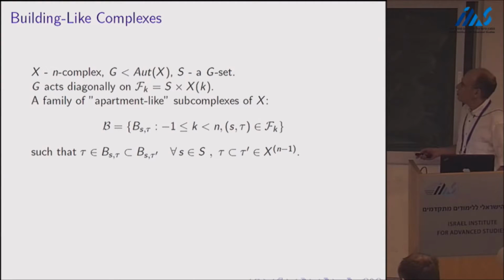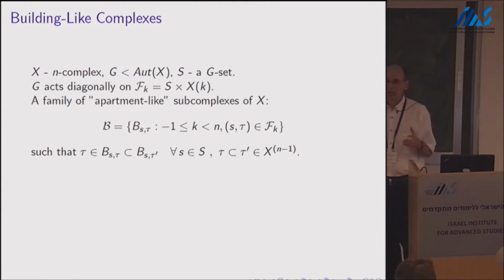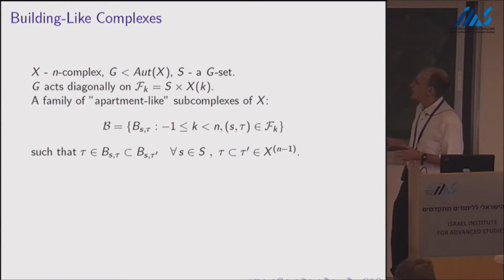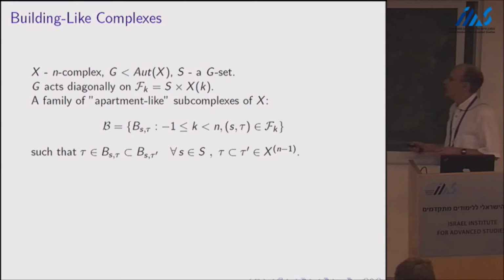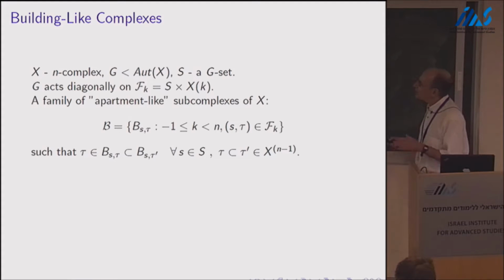Let me not go into the exact details of what a building-like complex is, except for saying that it looks like a building topologically. So if we look at the apartments of a real mathematical building, then these are imitated in building-like complexes.